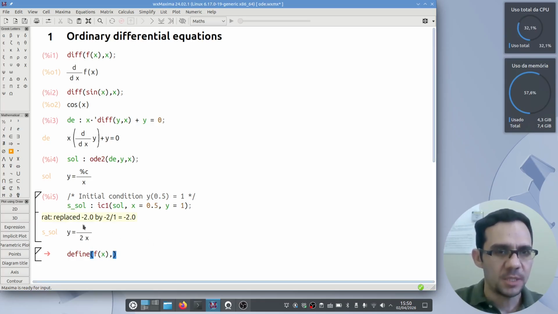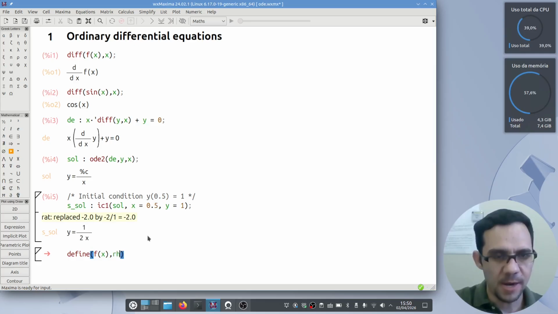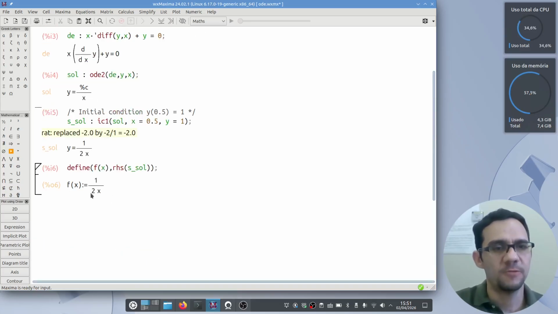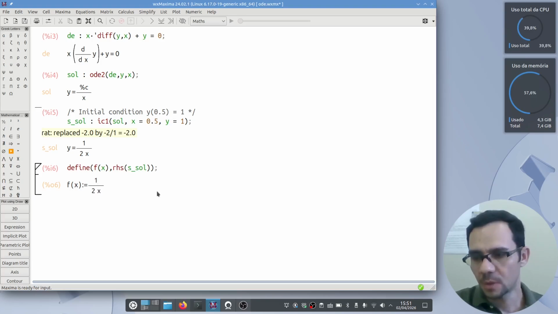I just want the right hand side of this equation, so I'm going to put here the right hand side of S underline so. And then I can determine my function with this specific initial condition.